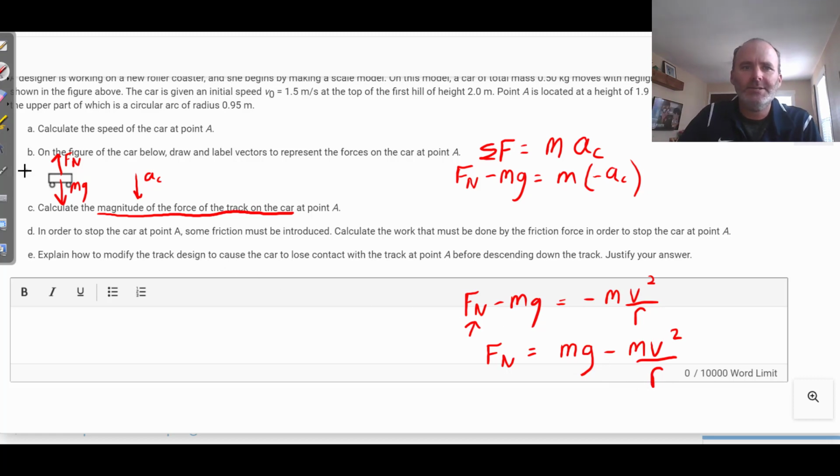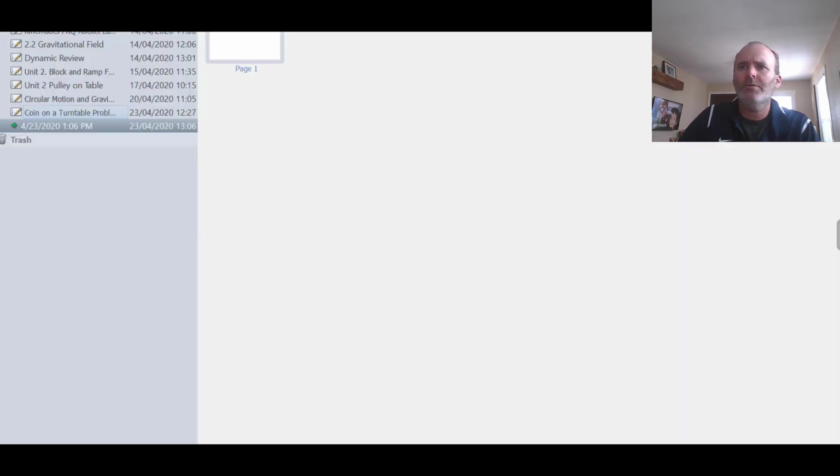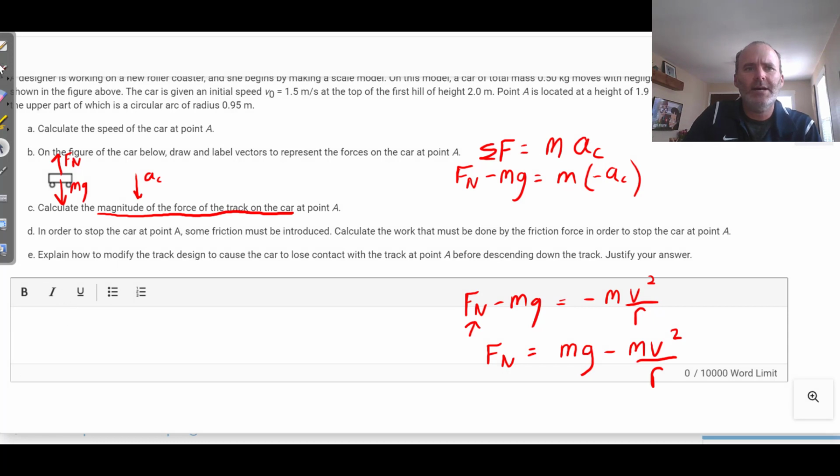All right, so D: in order to stop the car, calculate the work done by the frictional force. Let's switch the color here again. I'm asking for the work, and this is the work-kinetic energy theorem.